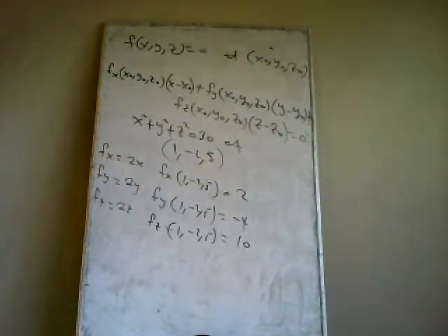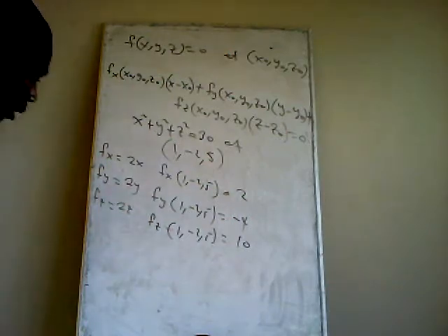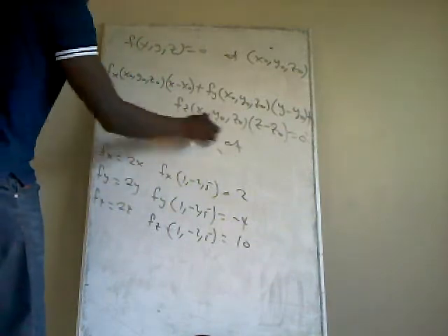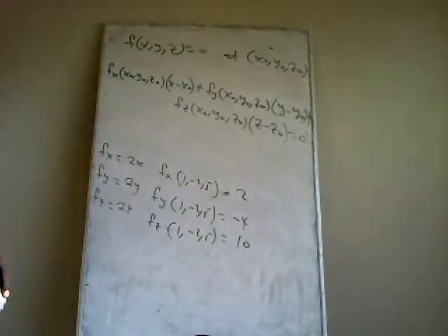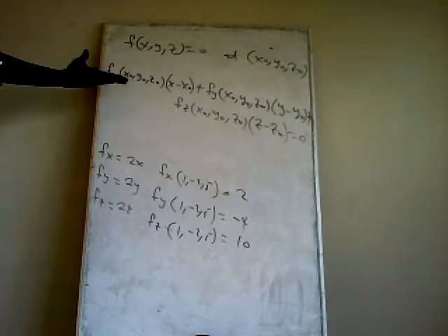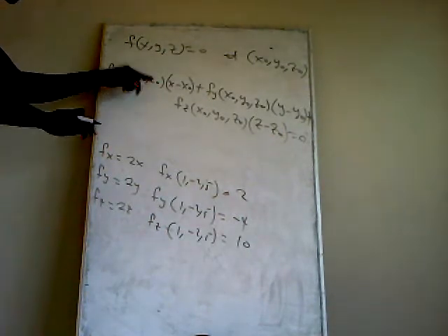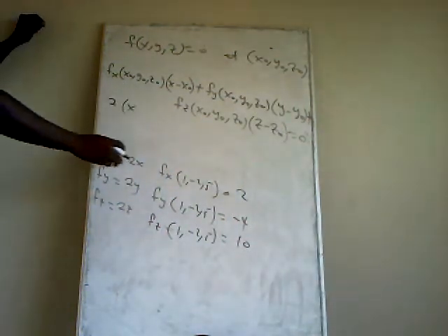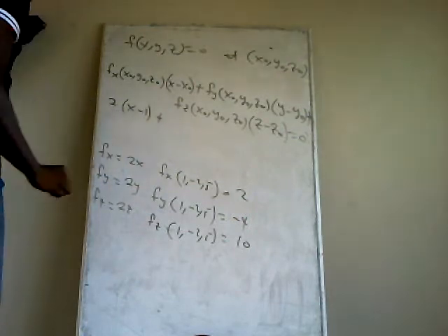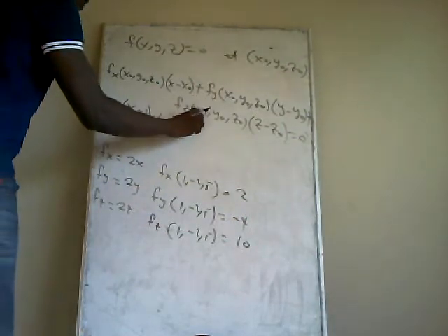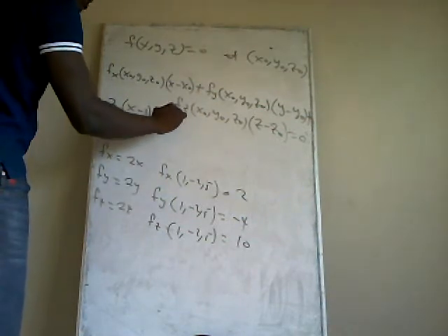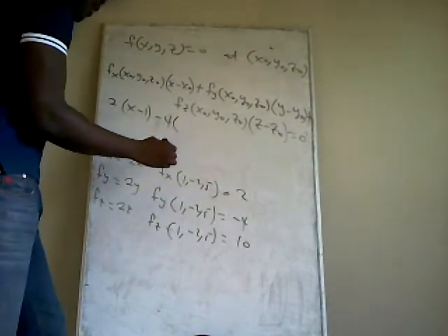So I'm good to go. Let me clean this. So the equation of a tangent plane to the surface, we are going to follow just that, right? Fx at the point is 2, times x minus x naught, which is 1, plus fy at the point, which is minus 4, multiplying y minus y naught.